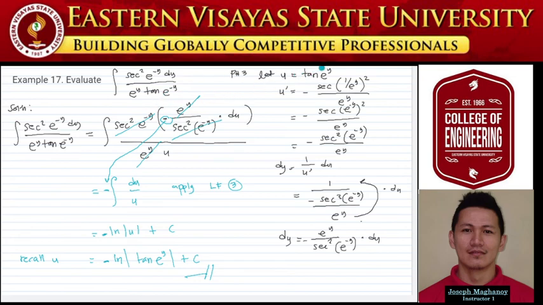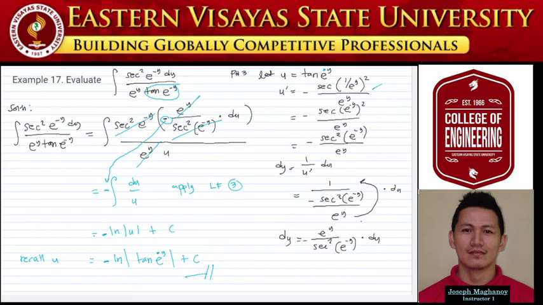Please be reminded that if we get the derivative of your u, we still get this one. We just rewrite our function. So that is your final answer for your example number 17.